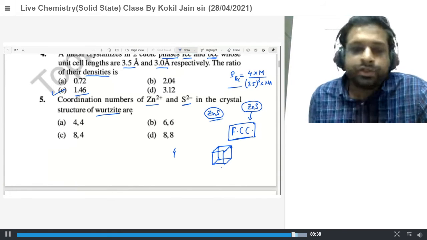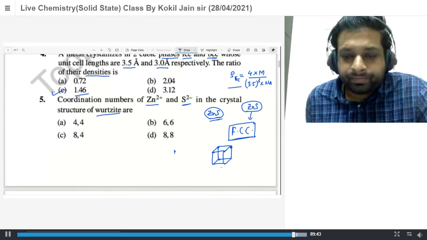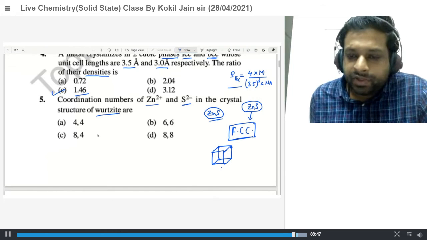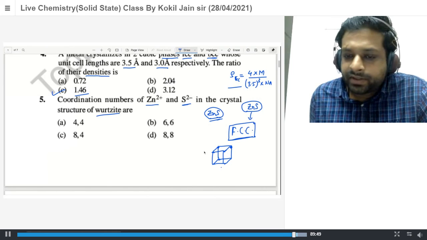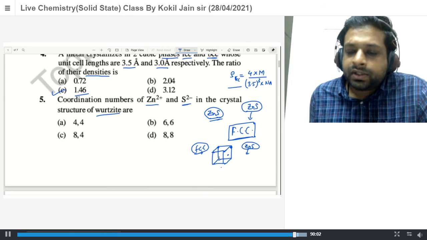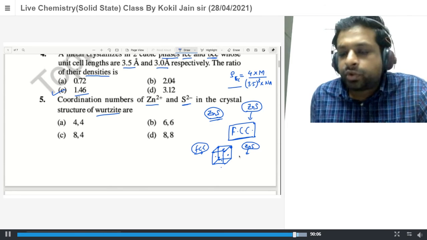Two things I want you to remember here. When we see this FCC type of lattice, I told you to calculate the number of molecules of NaCl. Similarly, in case of ZnS, if you count this FCC lattice, the number of cations and anions comes out to be 4 only.